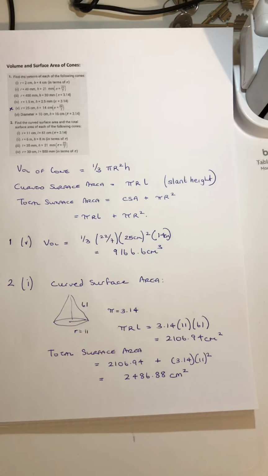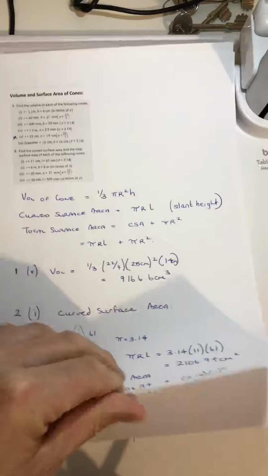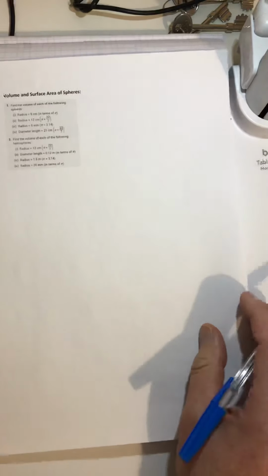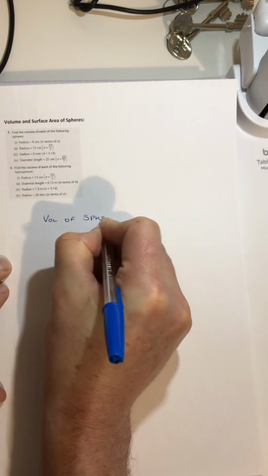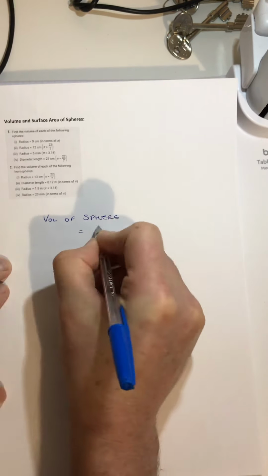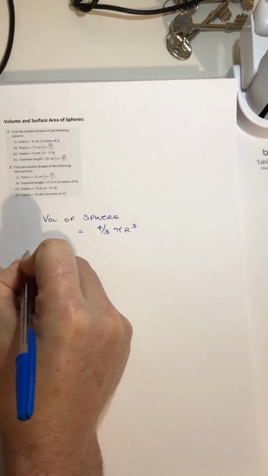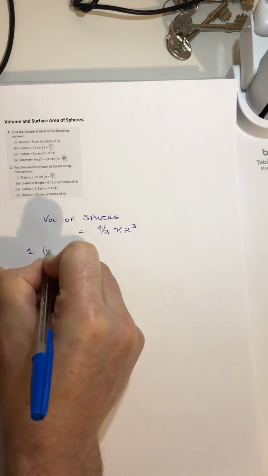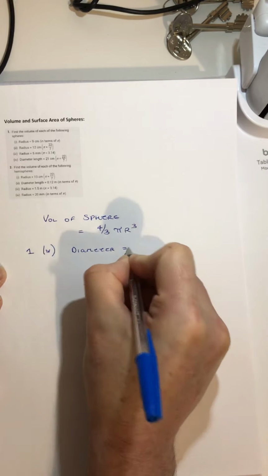Okay, and that's cones. And finally, for a sphere, you only want to find the volume of a sphere. Volume of a sphere is equal to 4/3 pi r cubed. So question 1, part 4, diameter equal to 21.